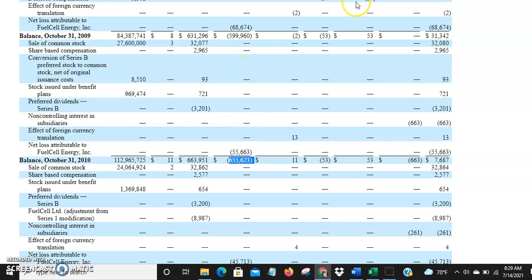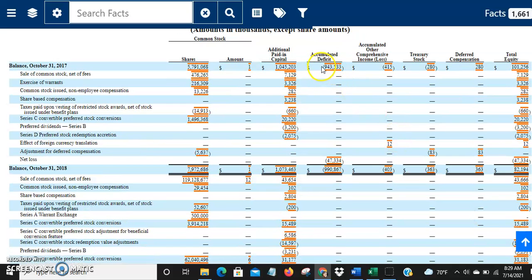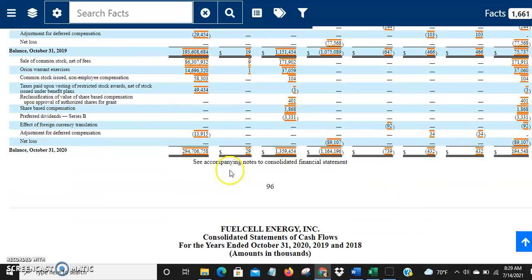And then finally here you can see by 2017 it had become 943 million, the accumulated deficit, and they had generated $1 billion, and they kept doing that. And then finally our last one, what we have information is, as of October 31st, 2020, they had generated $1.3 billion from the investors, and they had made a loss of $1.1 billion.